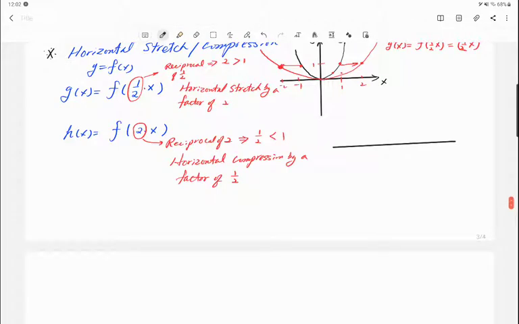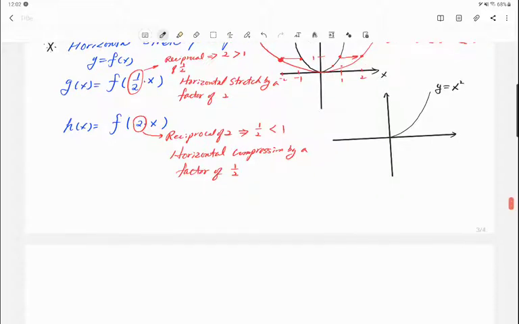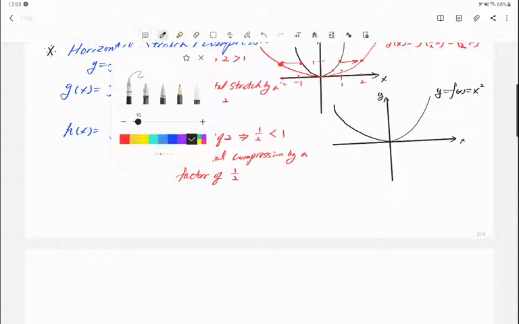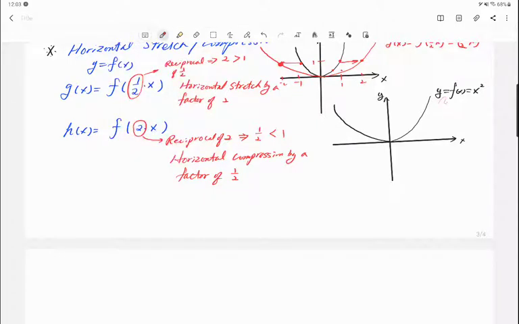So this is the x-axis and then the y-axis. Let's say this is the graph of y equals x squared. So let's say y equals f of x, that is x squared. Then let's make a g of x.